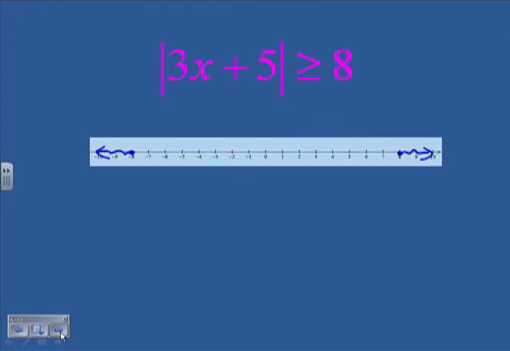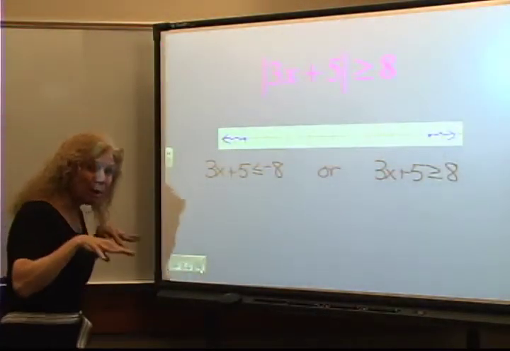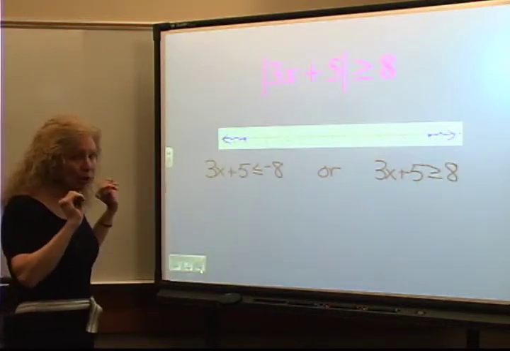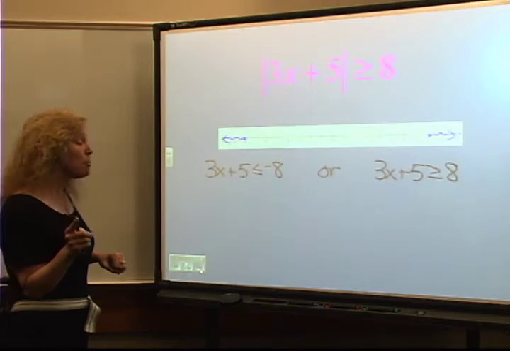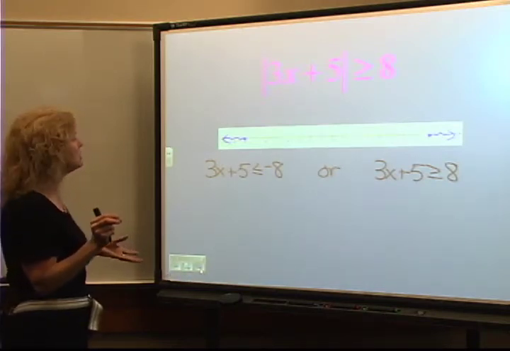And then what it allows me to do is to write my two statements. From here, 3x plus 5 is less than or equal to -8, or from this branch, 3x plus 5 is greater than or equal to +8. You see, now the bars are removed, so the 5 and the 3 are free pickings. I can go at it. Now, do remember that there's a little bit of variation on your rules on solving inequalities.